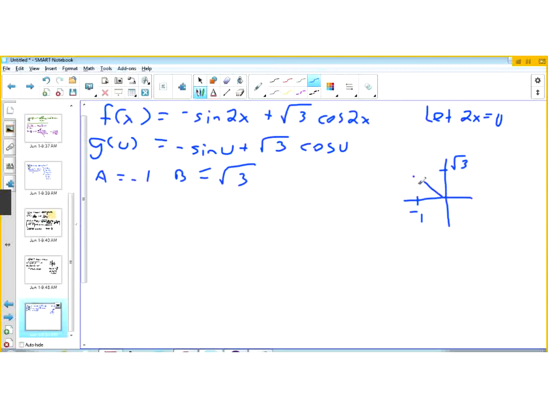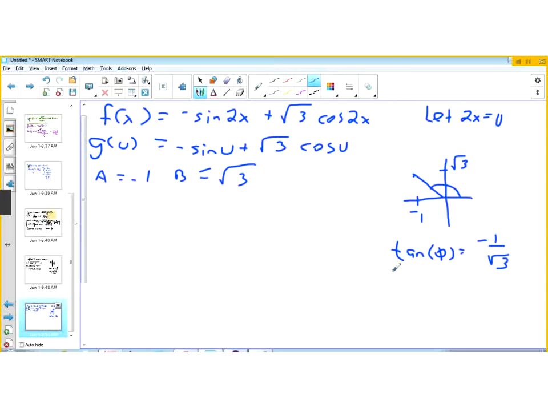So our angle would be somewhere in quadrant 2. Okay, so this would be our angle. So we know that the tangent of phi would equal -1 over the square root of 3, and that's in quadrant 2.